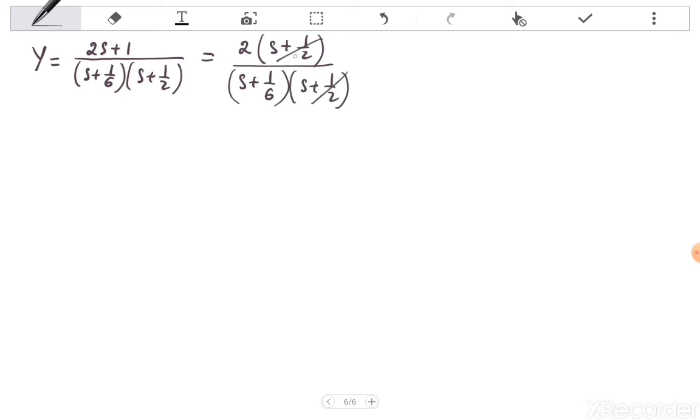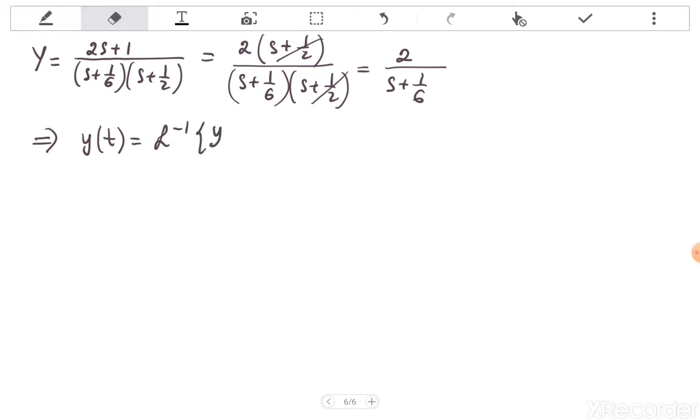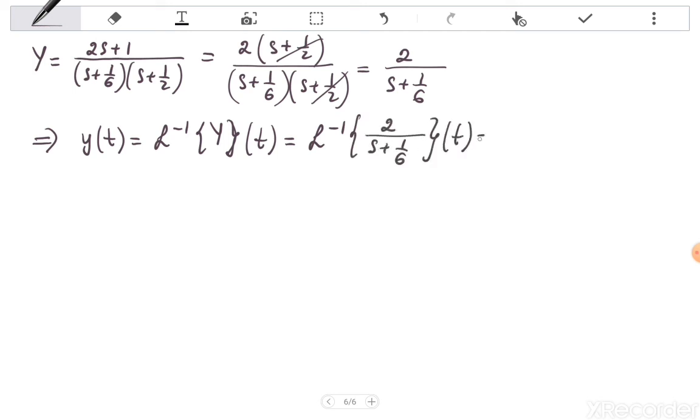You can cancel this, we obtain 2 over (s plus 1 over 6). So y of t is the inverse Laplace transform of capital Y at the point t. So this is the inverse Laplace transform of 2 over (s plus 1 over 6). And using now the table of Laplace transforms, we obtain that this is 2e to the minus 1 over 6t.